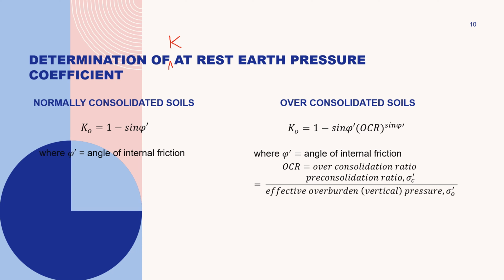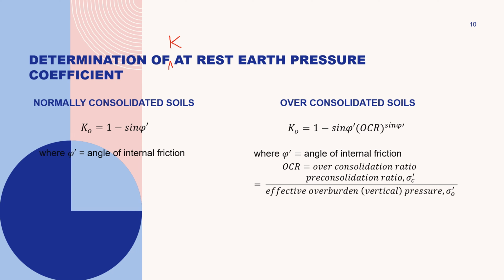Going to the other one, for over consolidated soils, the earth pressure coefficient K O is equal to 1 minus sine phi prime times OCR raised to sine phi prime, where phi prime is the same angle of internal friction and OCR is the over consolidation ratio.